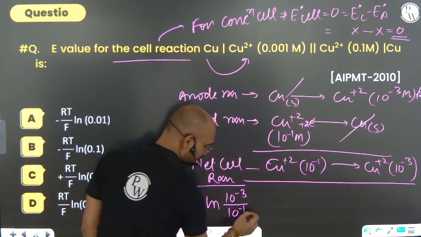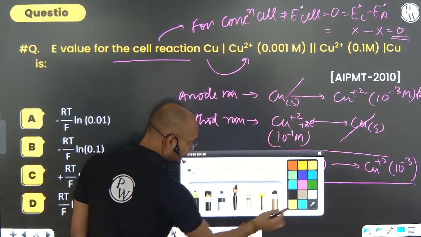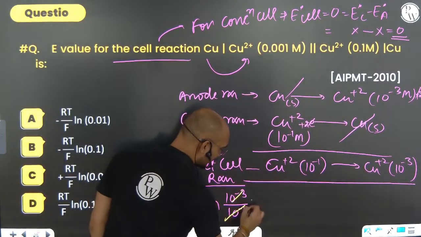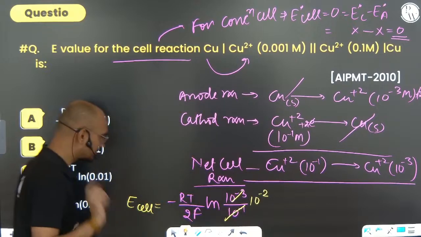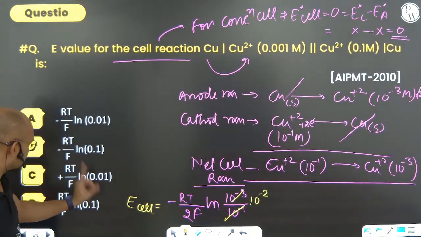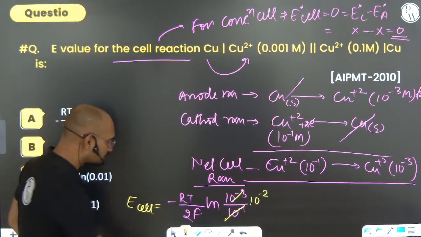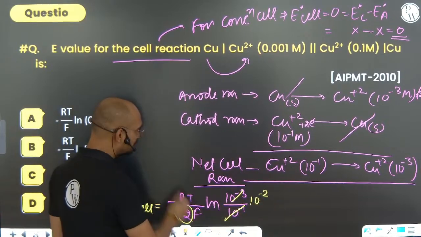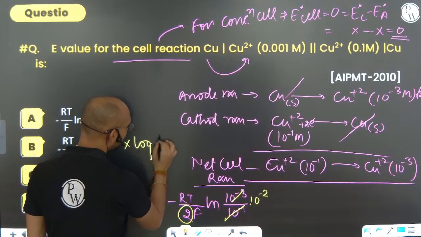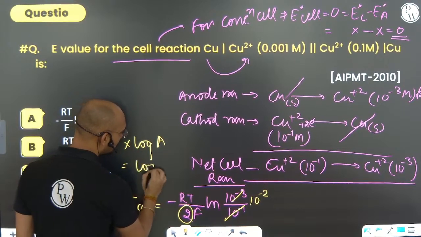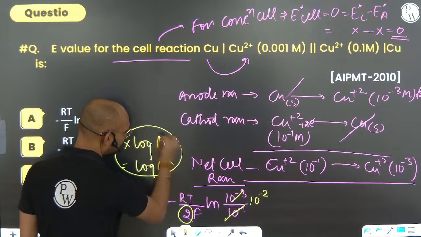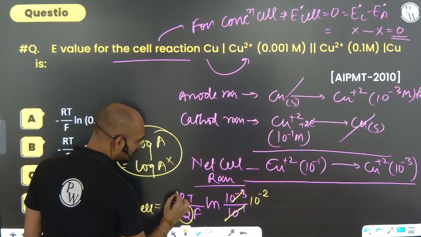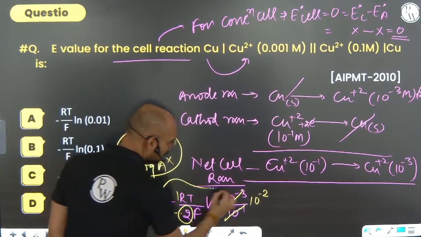How much is this? Can you just see that? It can be 10 to the power minus 2. Whatever is the number, can we just raise the power? You know that x log A can be written as log A to the power x. I'm doing the same thing. I'm taking 1 by 2 as the power.